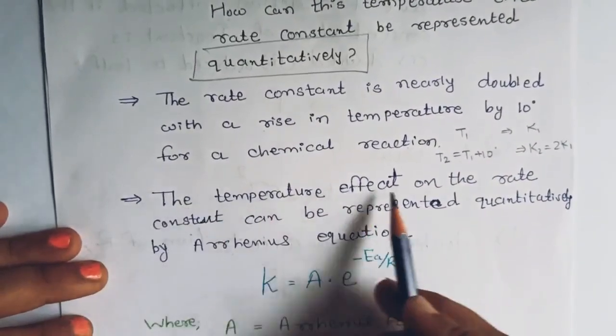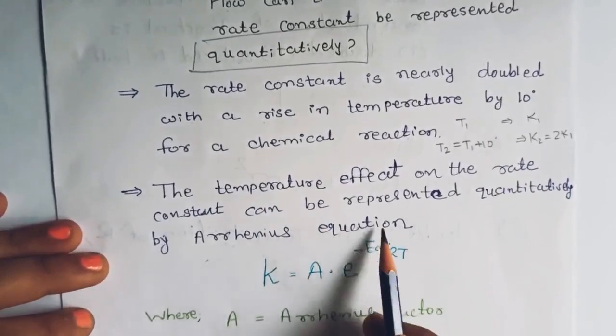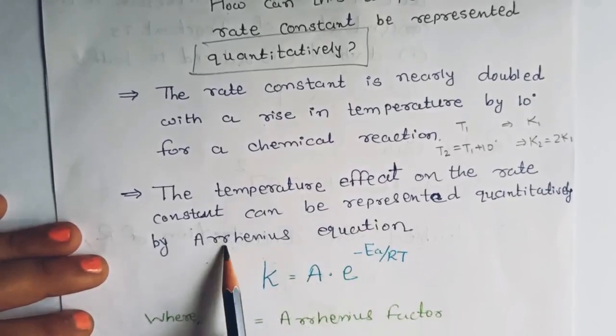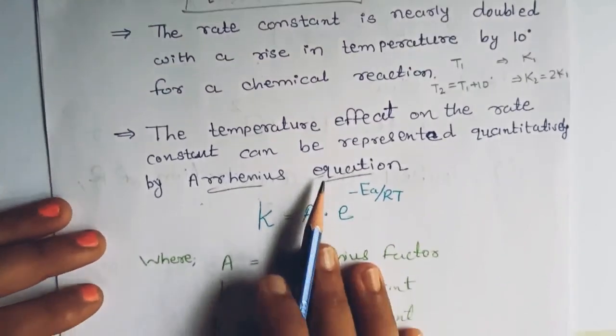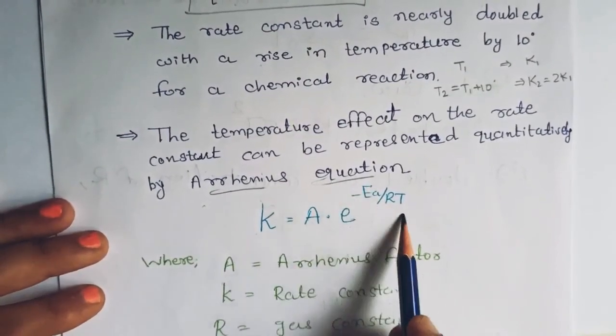The temperature effect on the rate constant can be represented quantitatively by the Arrhenius equation, which is K equal to A into e power minus Ea by RT.